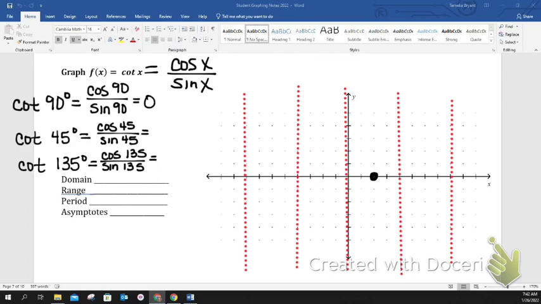If you take the cosine of 45 and divide that by the sine of 45, do you get 1 or -1? 1. So let's put a point at 1 for the 45. And then 135. The cotangent of 135, is that 1 or -1? -1. So let's put a point at -1.